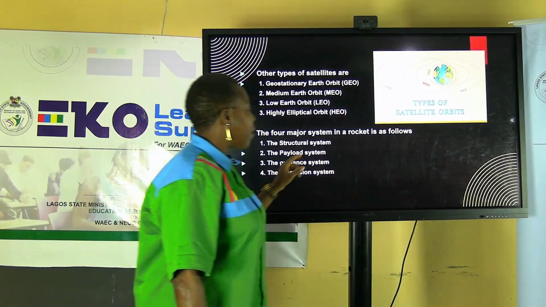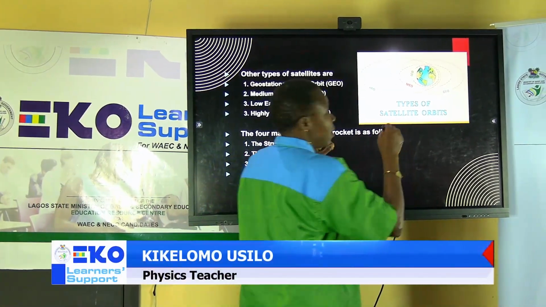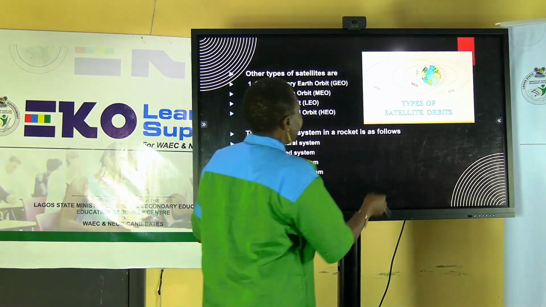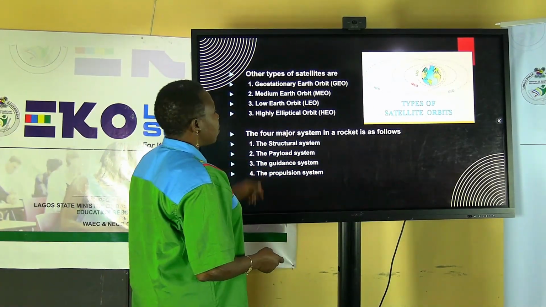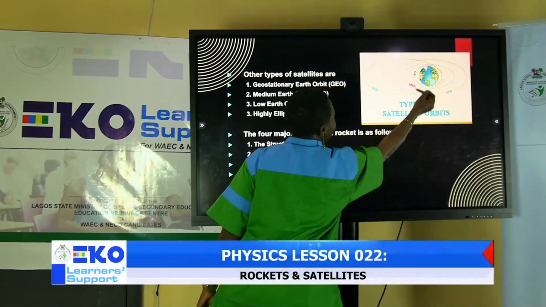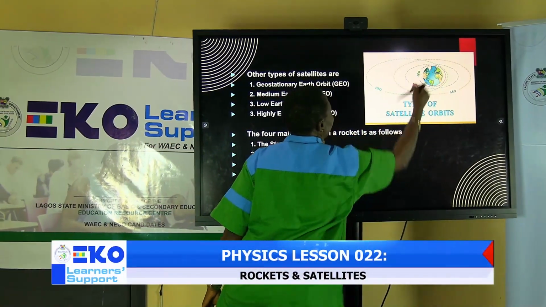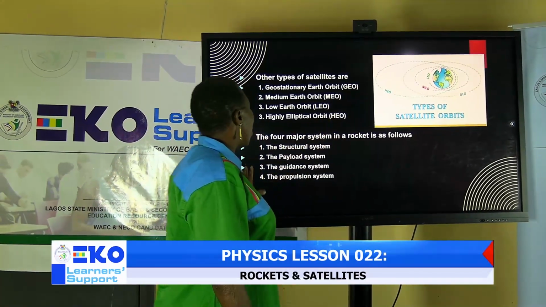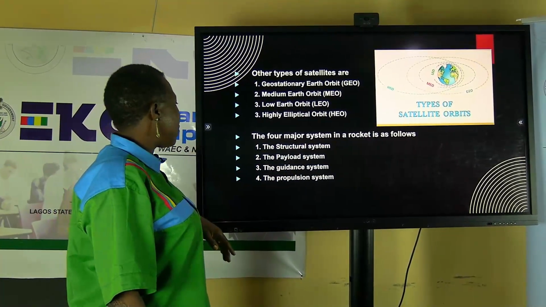As you can see from the diagram, like I told you, a satellite is a body that orbits around a body. We can see the highly elliptical orbit is here, and this is the Earth. You can see the low Earth orbit is closer to the Earth, and you see the distances of the different satellites to the Earth.